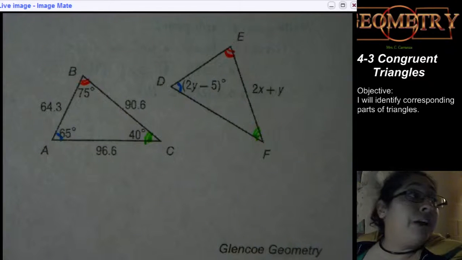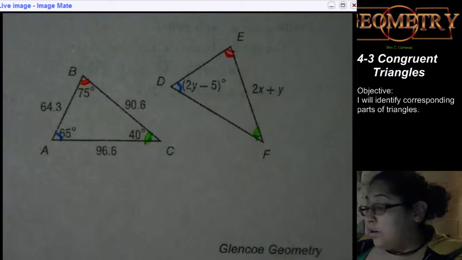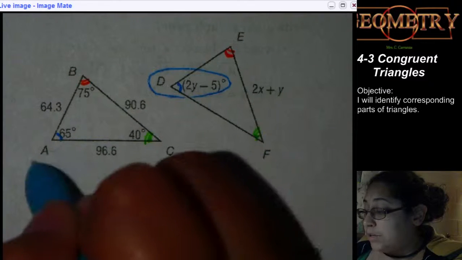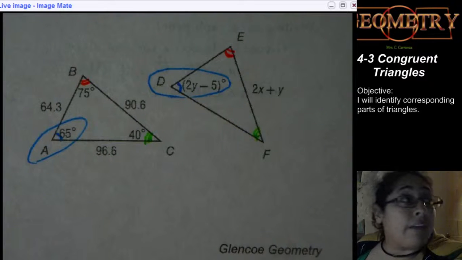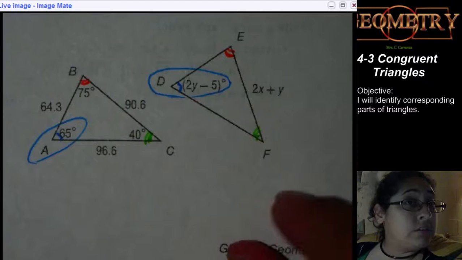I want to find the value of y. Notice that the value of y by itself is the measure of angle D, and D corresponds with A. Were we told these triangles are congruent? Yes.